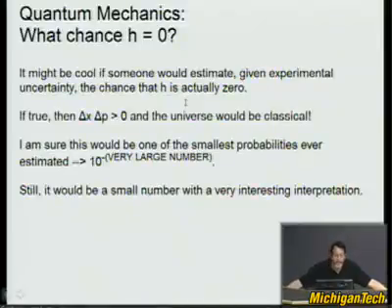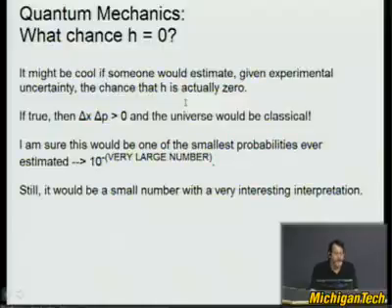First, I want to take an aside, though, and do a slide that I wasn't able to really do last time involving quantum mechanics. I have strange thoughts. Some of them are actually cooler than others. But what chance is there that h, Planck's constant, is equal to 0?